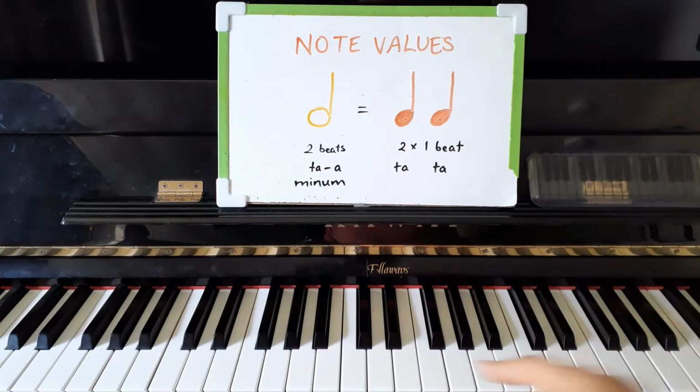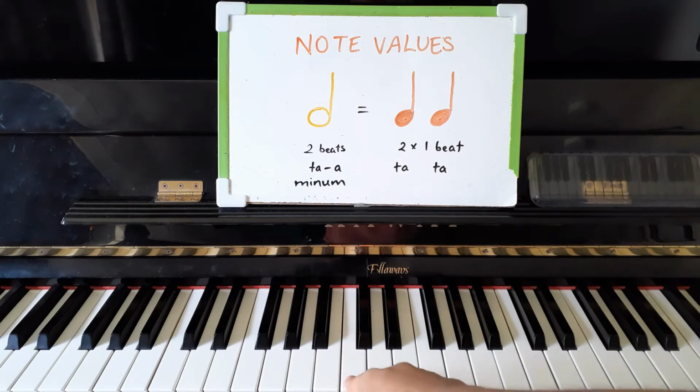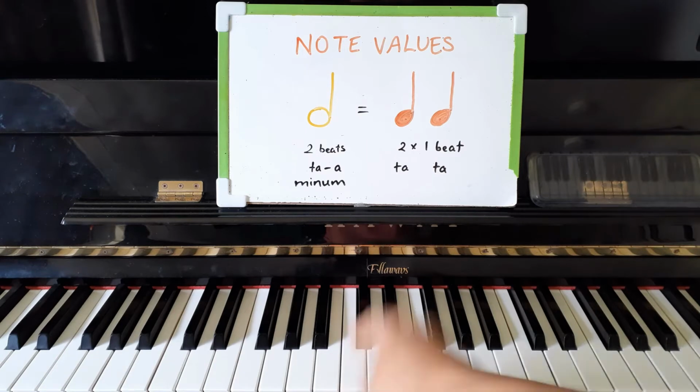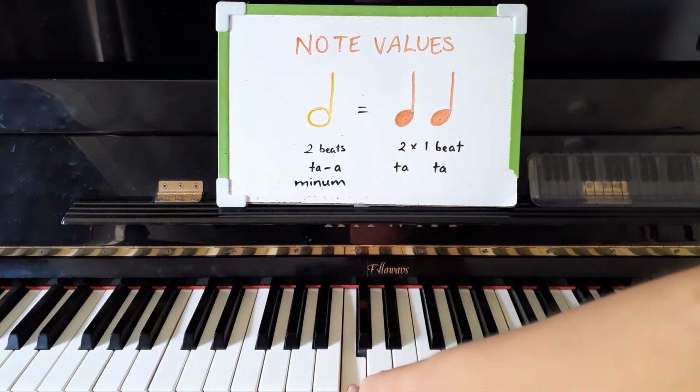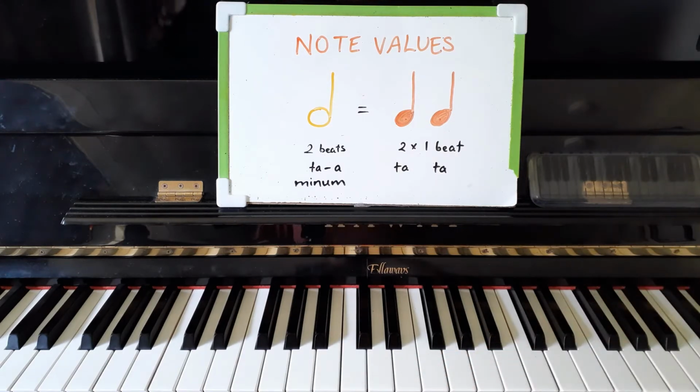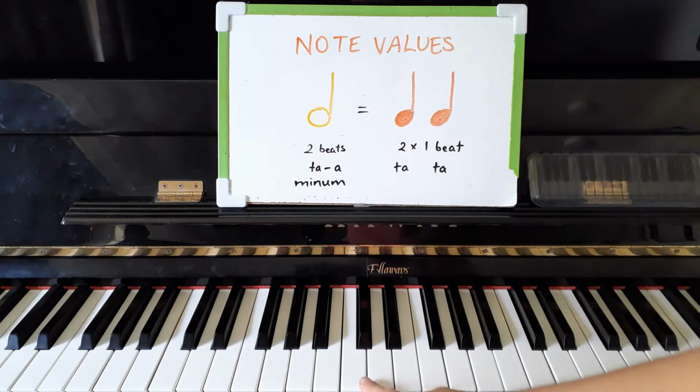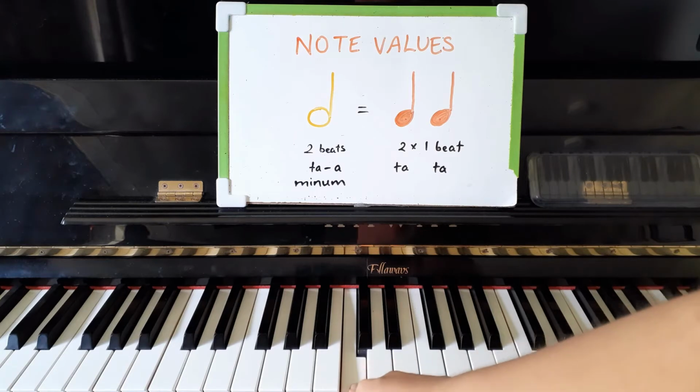And to play it, ta ah: 1, 2, off. You can also substitute it with a fruit name. You could say orange, or you could pretty much use any 2-syllable word or 2-syllable phrase. Long note.